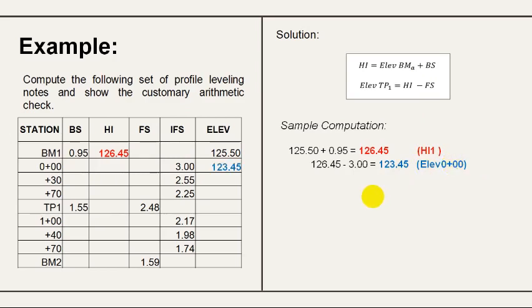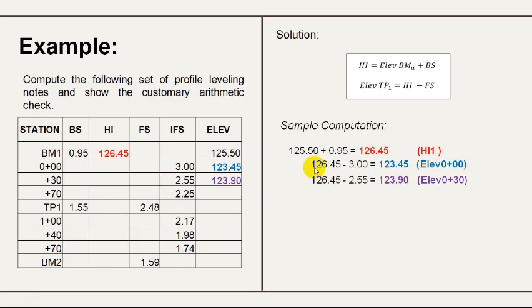Okay. Then, this formula again to solve the elevations of other intermediate stations. So, for the elevation of station 0 plus 30, HI 126.45 minus 2.55 equals 123.90 meters.